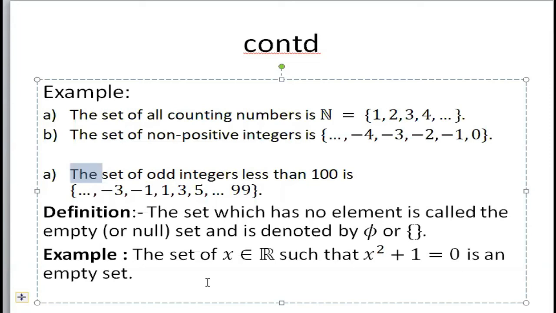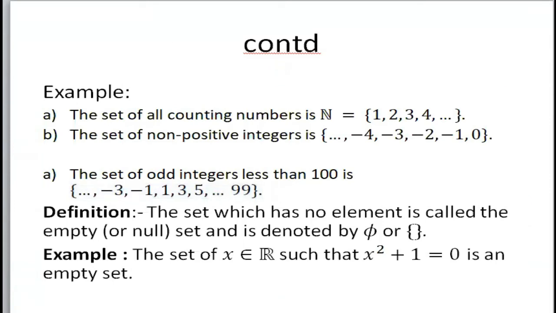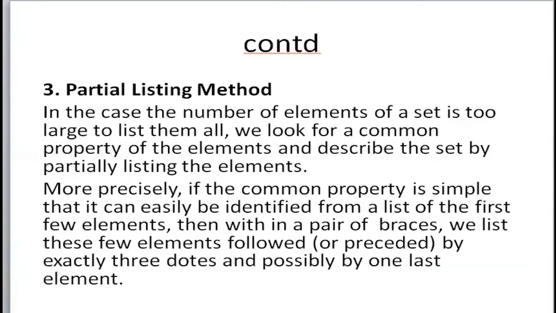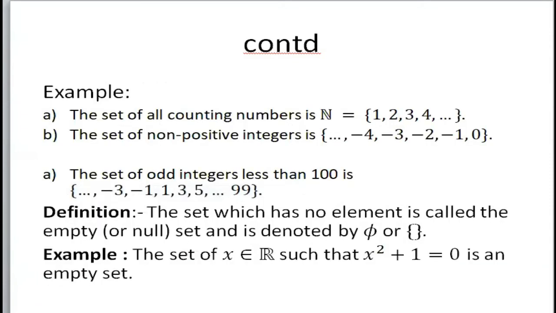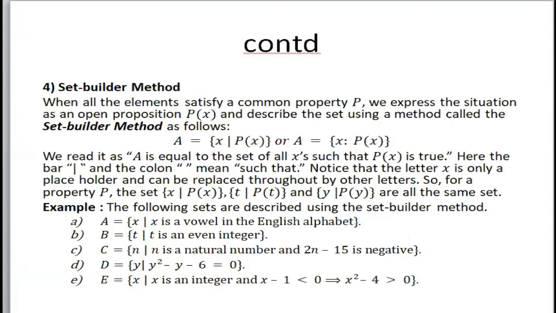I will repeat this example once again while we are talking about the set builder method. So this is the partial listing method.